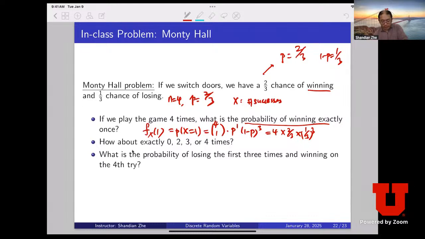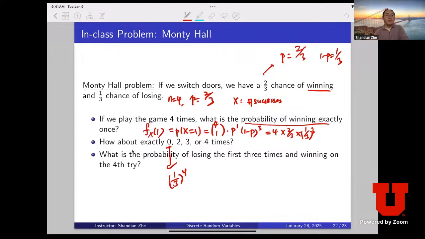Then how about winning 0 times? All 4 times you just lose. One over 3 to the 4th. Yeah, that's the correct answer. But we should match this to the formula.